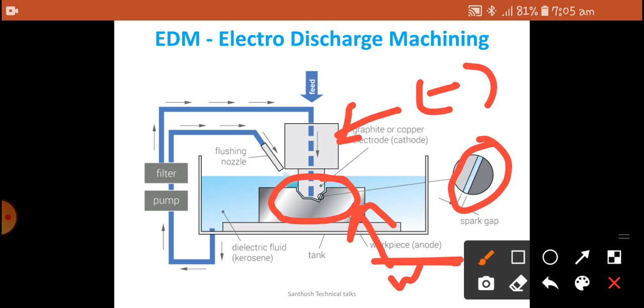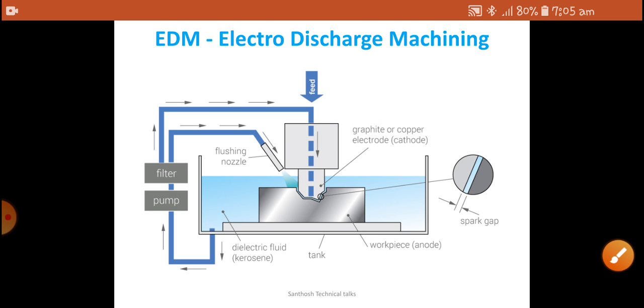It is a reverse of the welding process. In welding, metal is poured or supplied between the two work materials. Here the material is removed. That is the very basic difference.